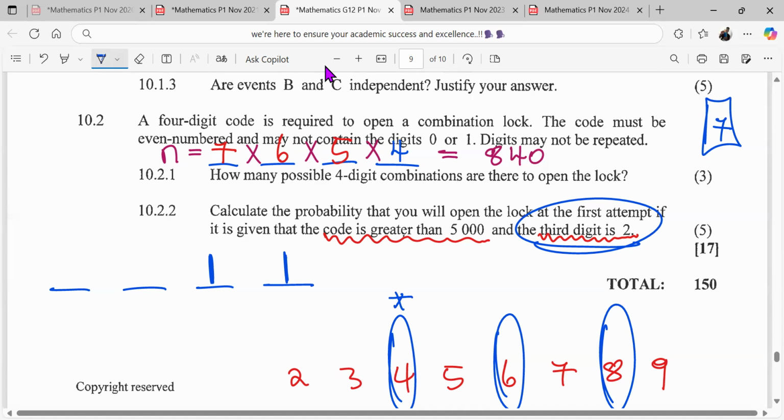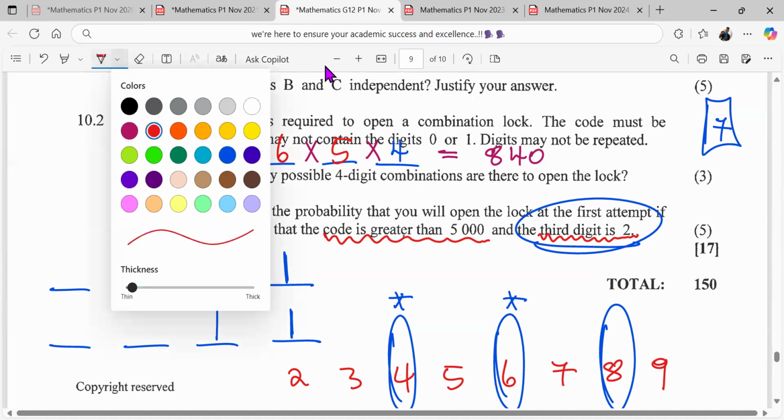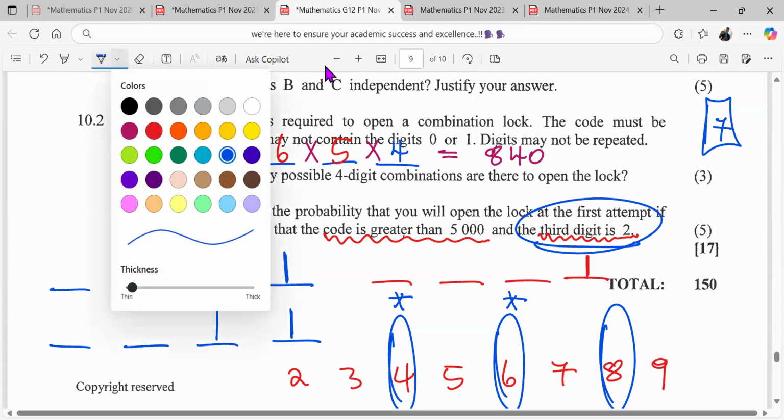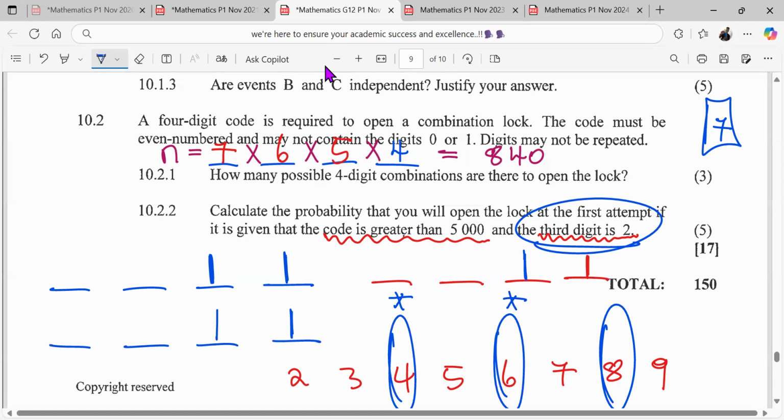So in other words, when we choose to say, well, definitely 4 is the last one, then that's the first possibility we can get. The second possibility we can get is when we say 6 is definitely on the last position. And the third possibility we can get here is when we say 8 is on the last position. But of course, on the third one, we still have a 2 there. Those are the three cases you need to consider.